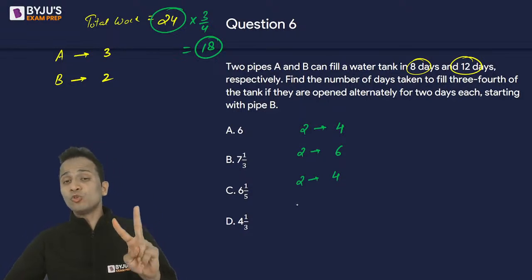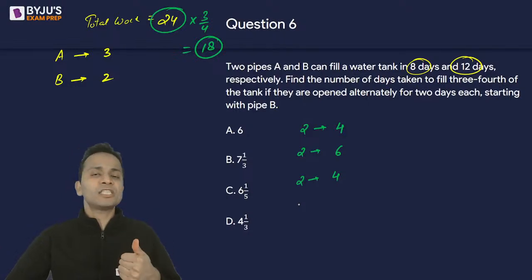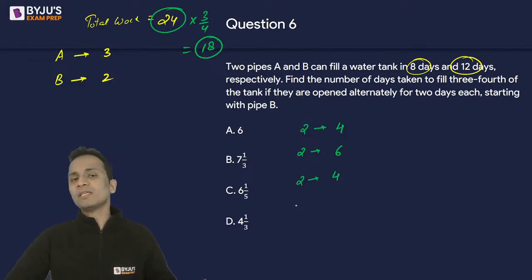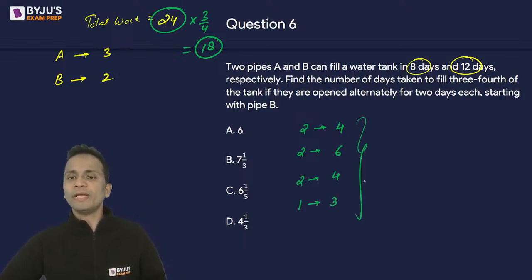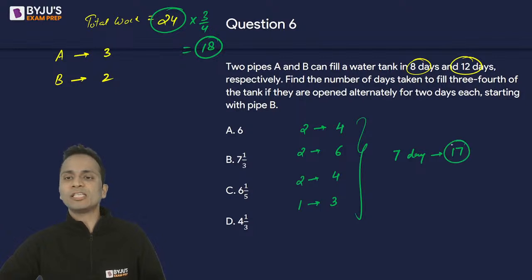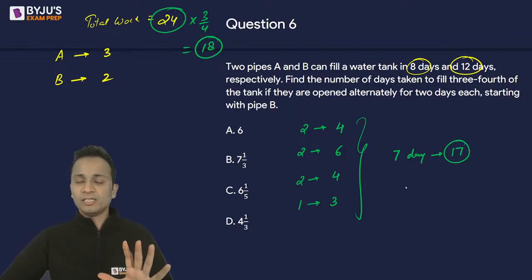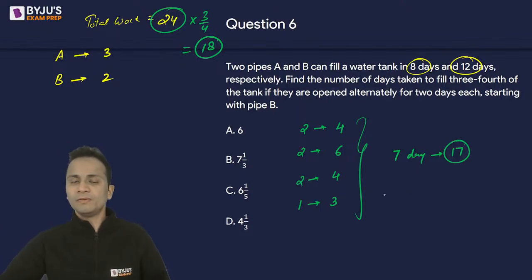If A will work for 2 days entirely, it can finish another 6 units, but the work will exceed. So A will work for first of all 1 day, will finish 3 units of work. So now in total of 7 days, a total of 17 units of work has been done, right? Now still it's the turn of A. Only 1 unit of work is left.